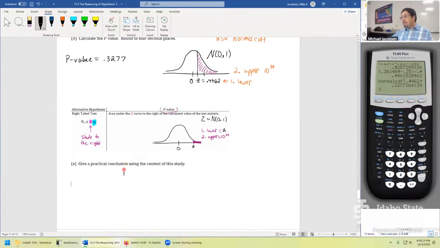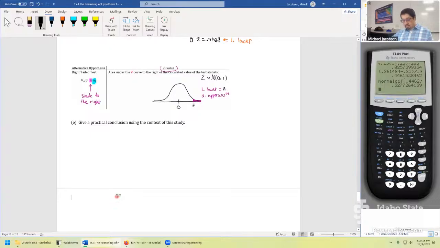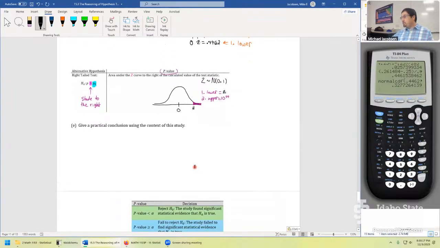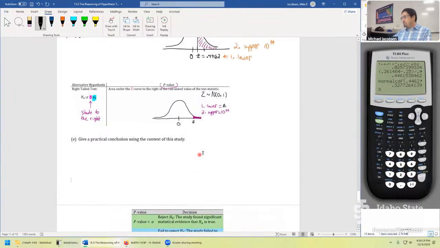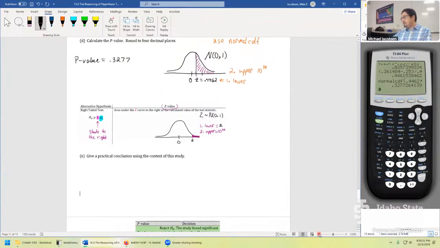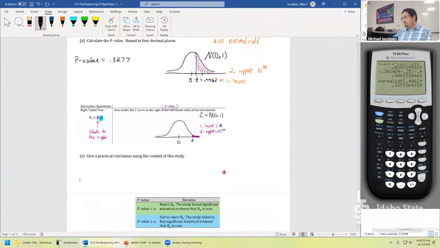So once we get a p-value, when we're about to give a conclusion, let me just find the right spot to scroll into. I'll bump this up a little bit. Right before we give a practical conclusion, we compare the p-value against the significance level alpha. It was set to 0.01.